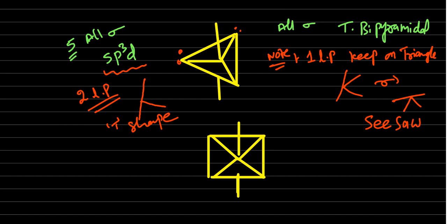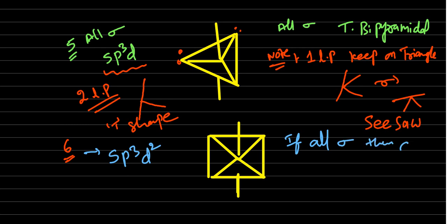Next, suppose total 6. If the total is 6, your hybridization is sp3d2. If all sigma bonds are there, then this is octahedral.